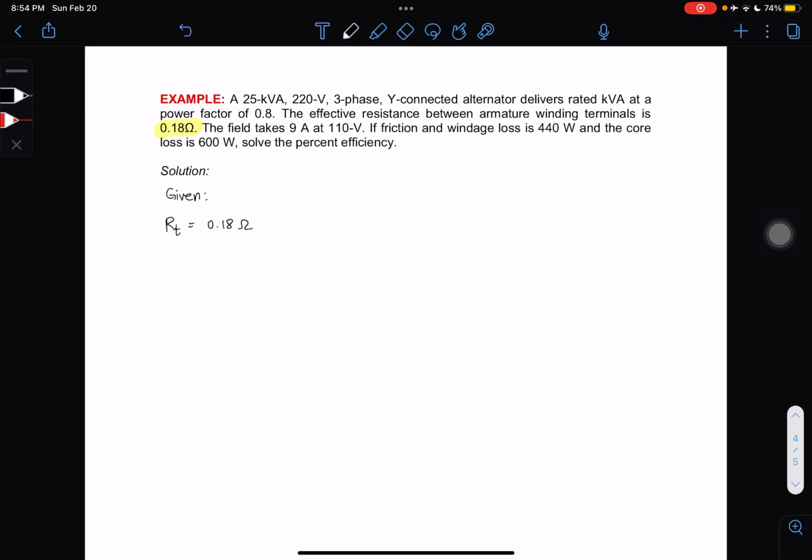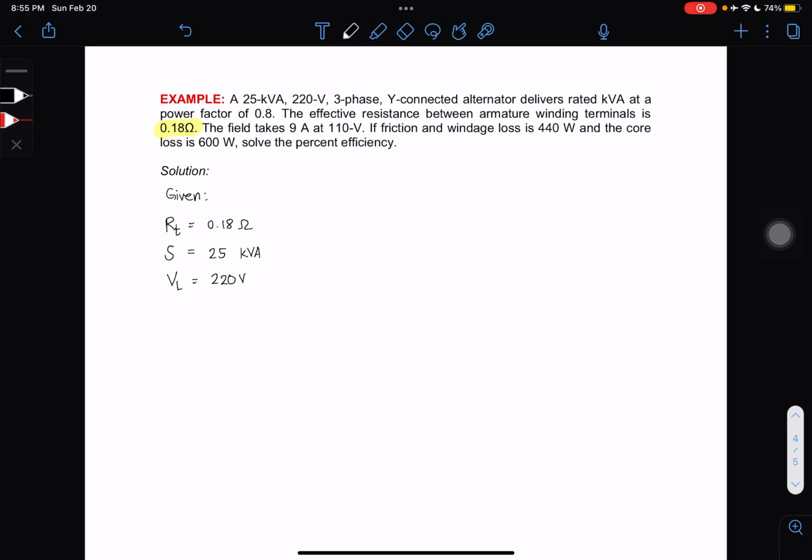Our S will be our apparent power. We have 25 kVA. So next, our VL. Our VL will be 220 volts.